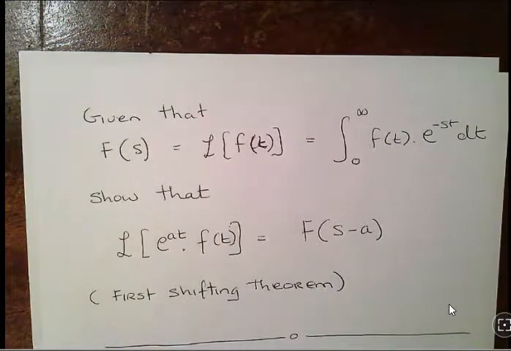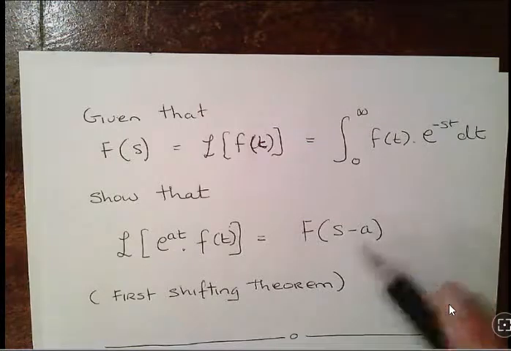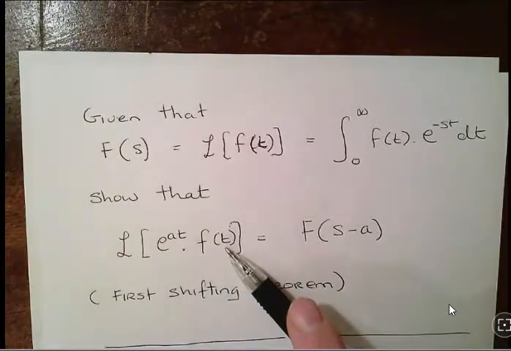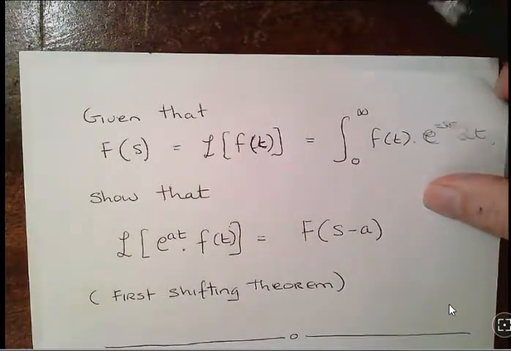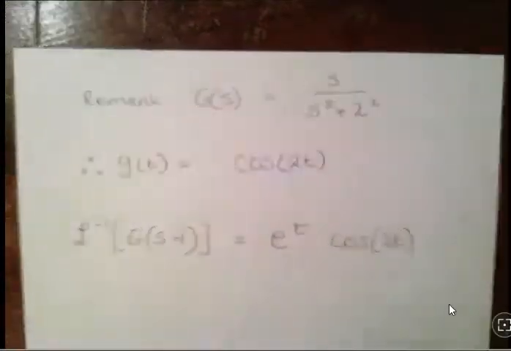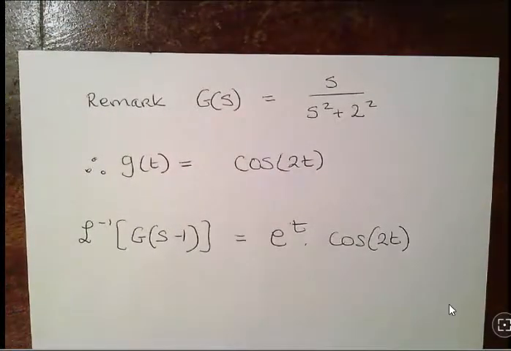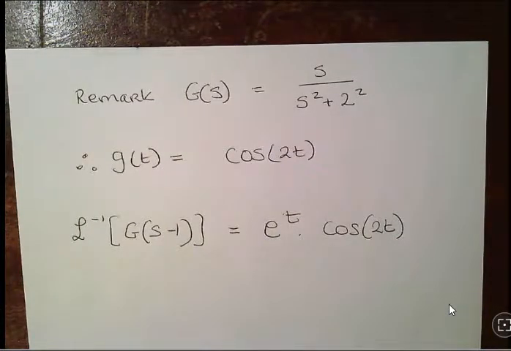So a here is 1, so we have e to the t, and g of t is cos 2t. That gives us the inverse Laplace transform of that expression, and it turns out to be way easier than the fairly easy approach using the tables. So that's using the first shifting theorem. We'll leave it there.